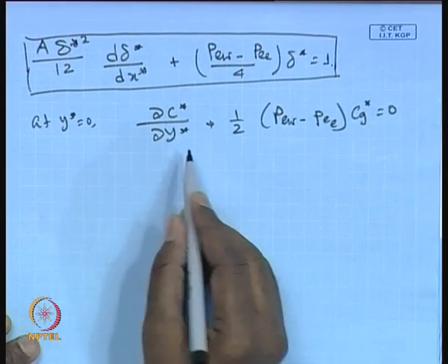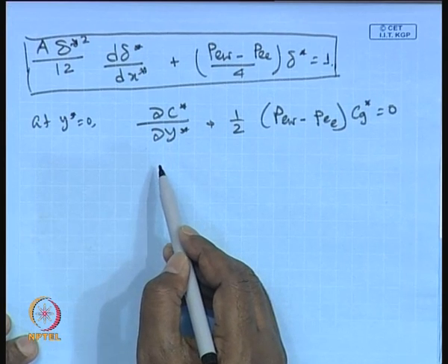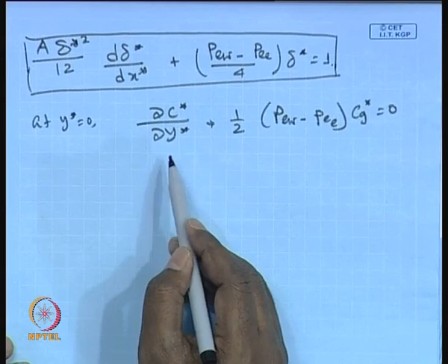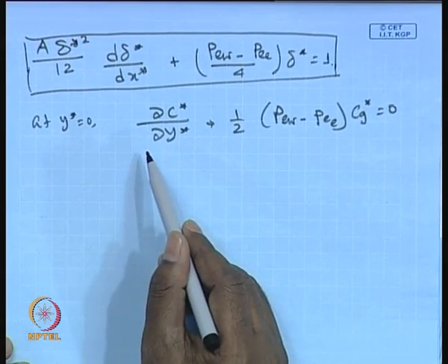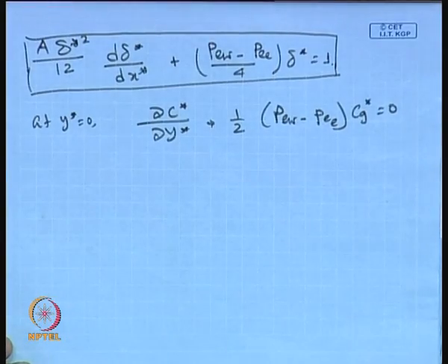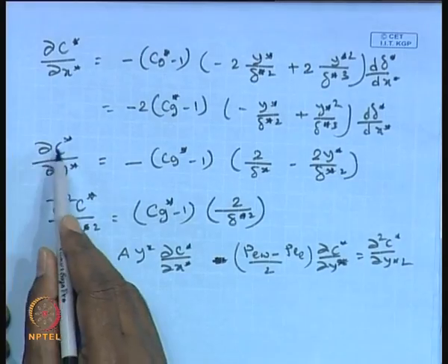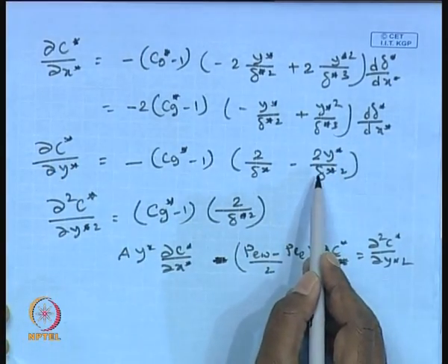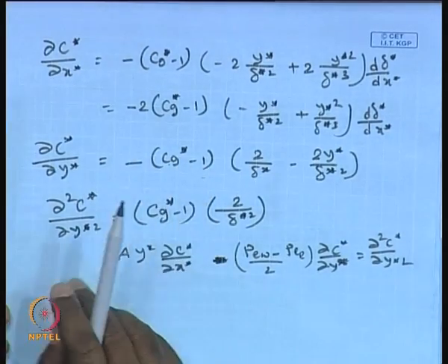Now, what we can do, we already got the derivative del c star del y star in terms of delta star and y star, and then evaluate that derivative at y star equal to 0. Okay. If you evaluate the derivative at y star equal to 0, that means this term will be off and you will be getting minus 2 C g star minus 1 divided by delta star.